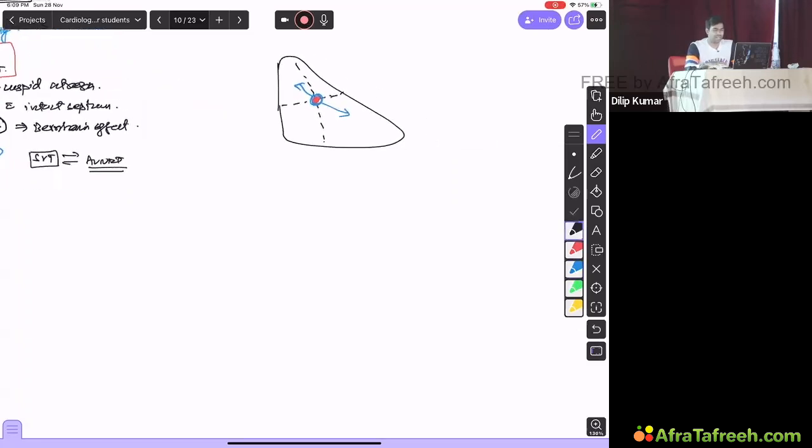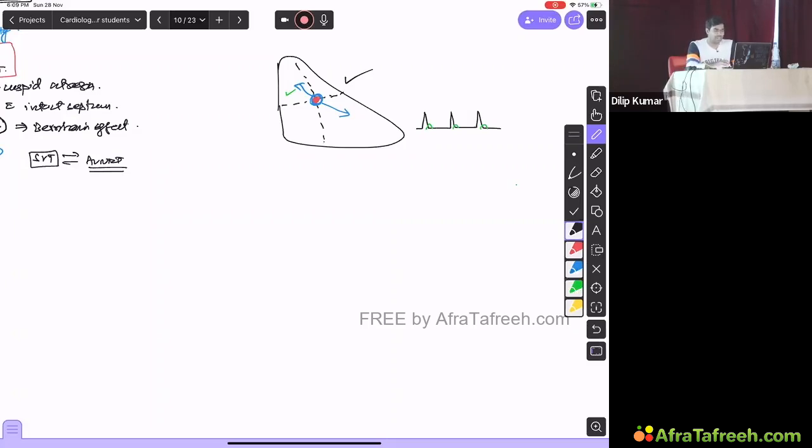So you will get a QRS complex because of ventricular depolarization, plus at the same time, because of atrial depolarization, you will get a P wave in the ECG. This P wave will be almost simultaneous with the QRS complex, so in the ECG it's very difficult to see the P wave because it will be buried within the QRS complex. But at least you can understand that both atrium and ventricle are almost depolarizing simultaneously.